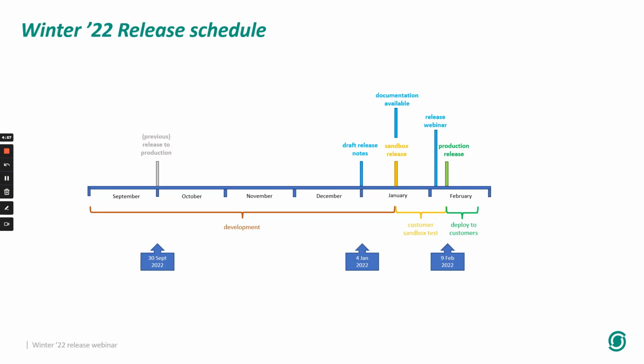At the beginning of January, we published our draft release notes on the Singlify support site. In mid-January, we deployed to the customer sandboxes for testing, not to all sandboxes, but just to a number of customers that have indicated that they want to get early access to the functionality. Then right now we're doing the release webinar, and next week we'll be ready for production release.